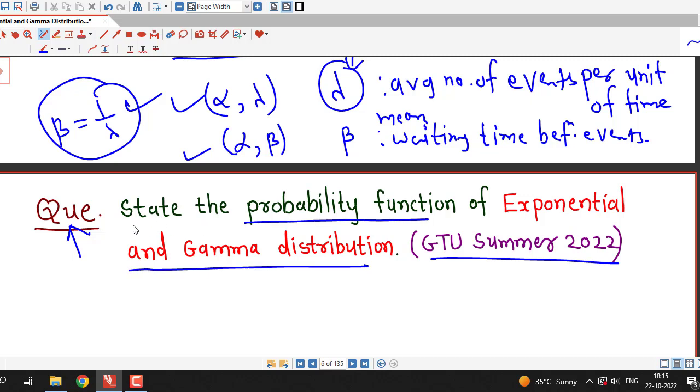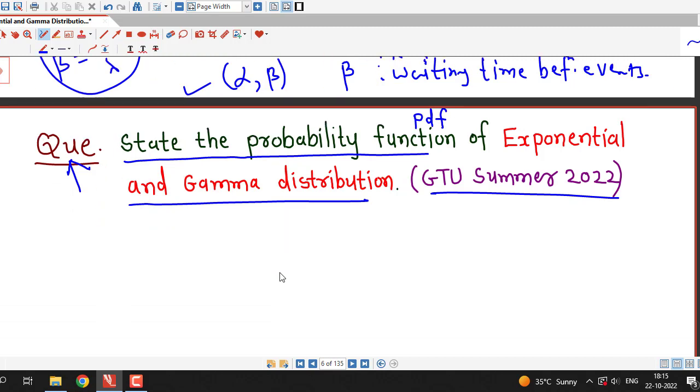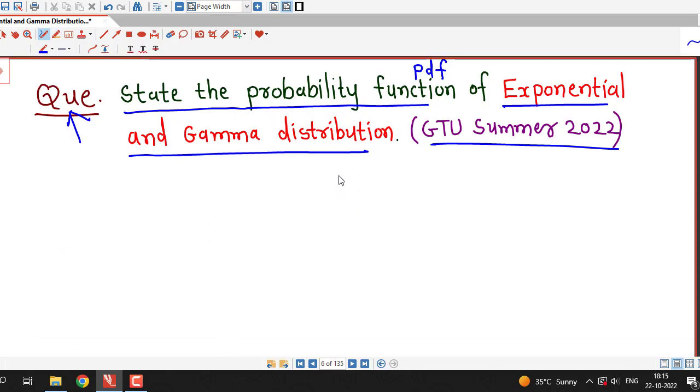They asked you to write the probability density function of exponential and gamma distribution. As we know, we can write down the PDF of exponential and gamma distribution, and for our convenience we again write down the PDFs.